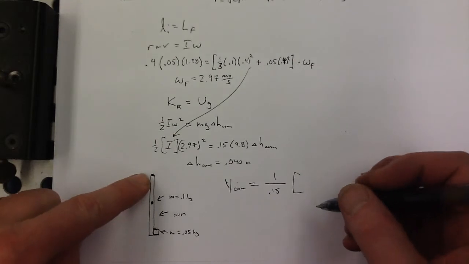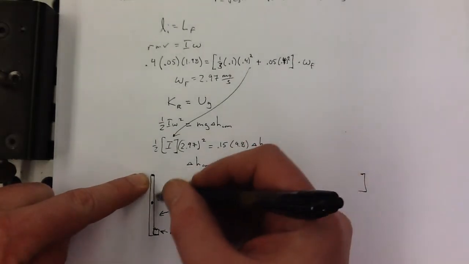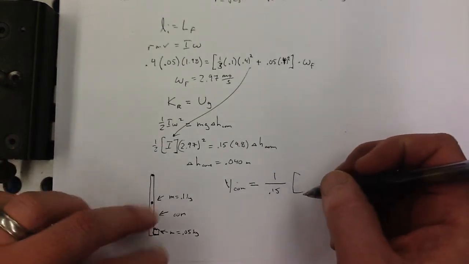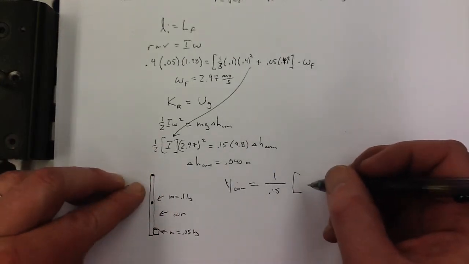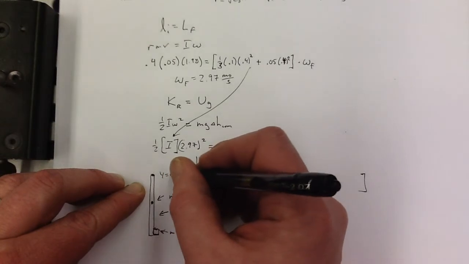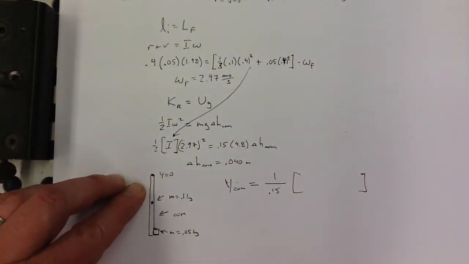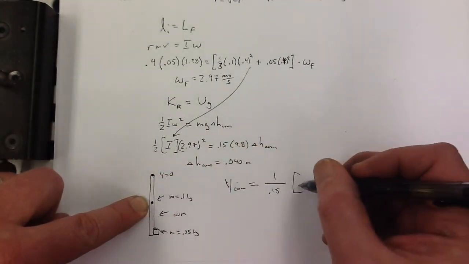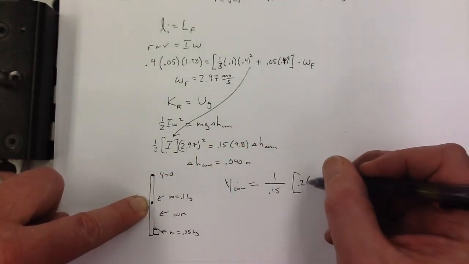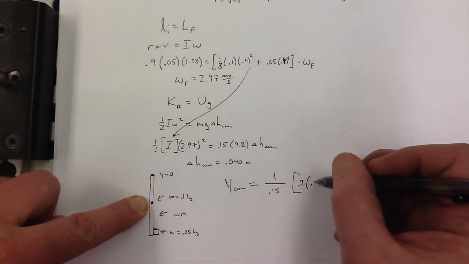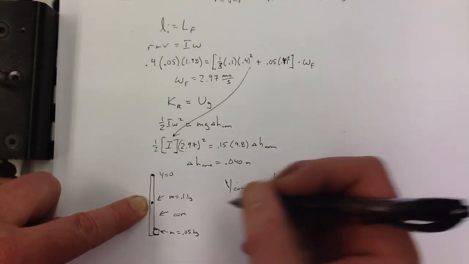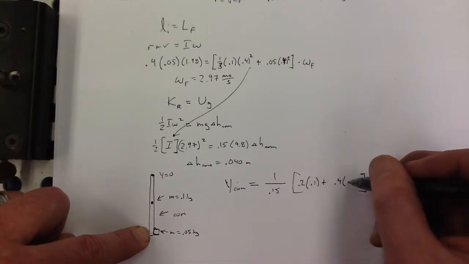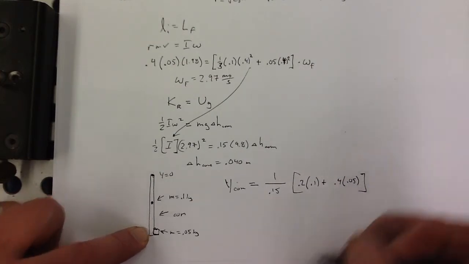So if we treat that like the axis, then I'll get the distance from the axis to the center of mass. So that's not a bad choice. But there's lots of different ways you could do it. But you do have to decide where your 0 point is. So now the location of my first point, it's half the distance here, which is 0.2 times the mass, 0.1, plus this is 0.4 times 0.05.